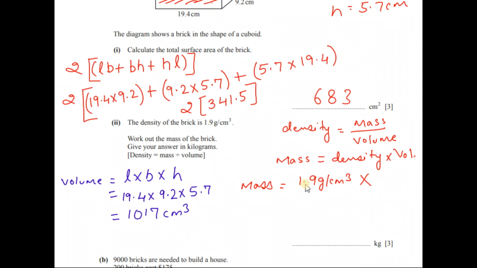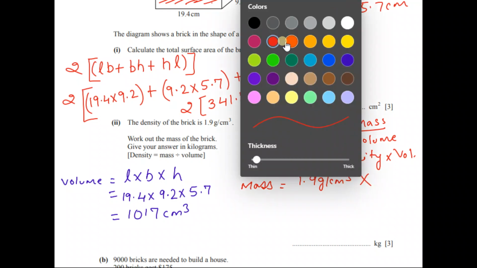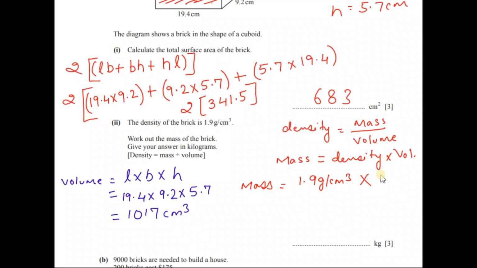So what do we have to do over here? We just have to multiply the density with the volume. Okay, and the volume I will replace it with 1017 centimeter cubed. Now, when I will multiply density with the volume, what would I get?